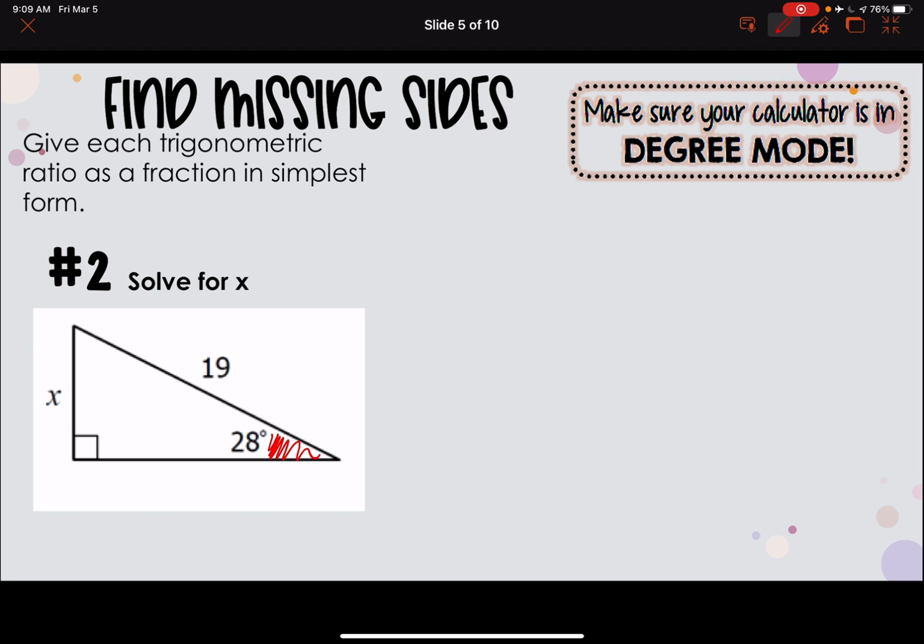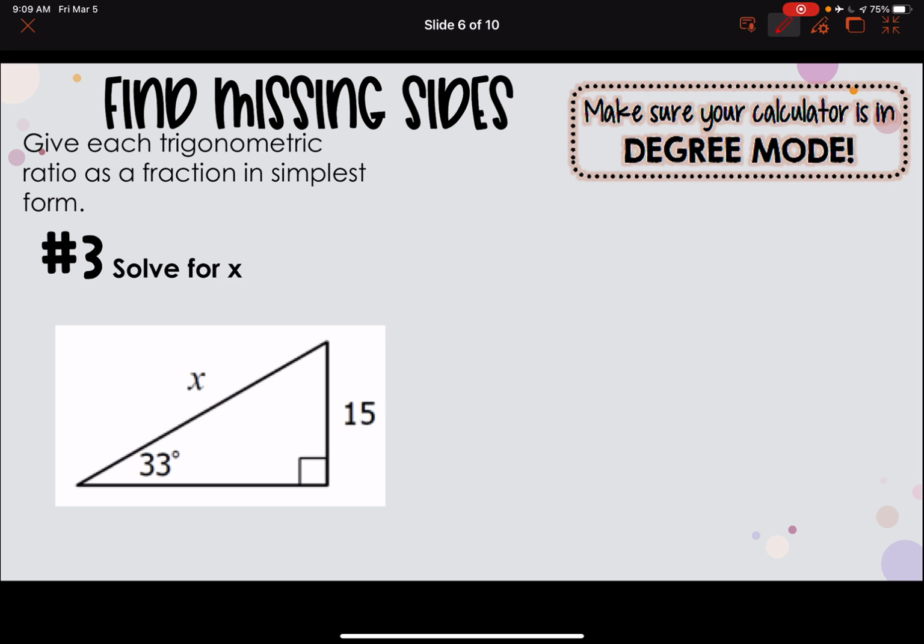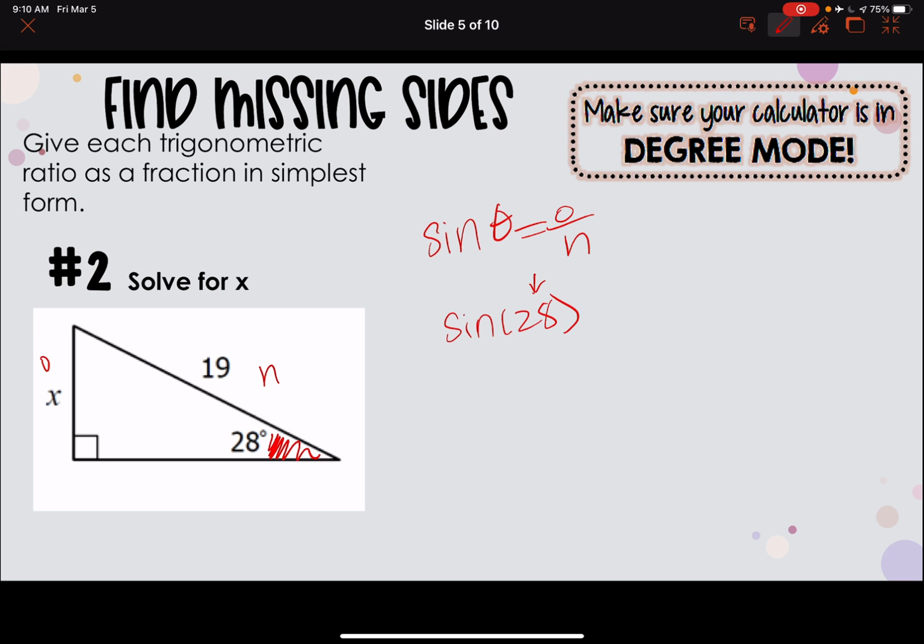In this case, we've been given the opposite and the hypotenuse, which means I'm going to be using sine, which is your opposite over your hypotenuse. Now your sine of 28, and that's your degree measure right here, or theta, is going to equal x over 19.